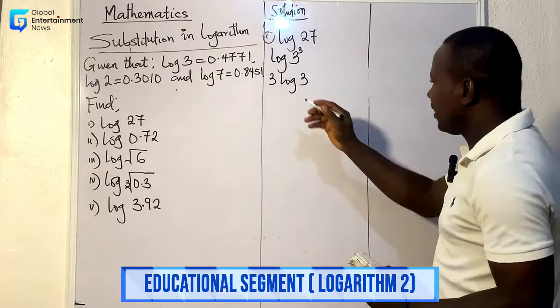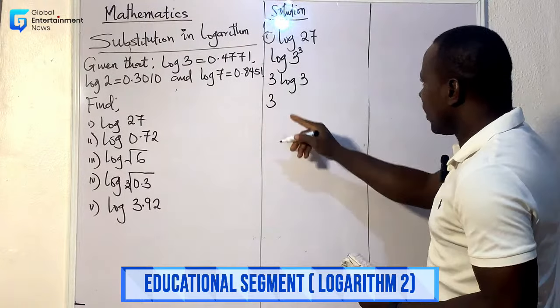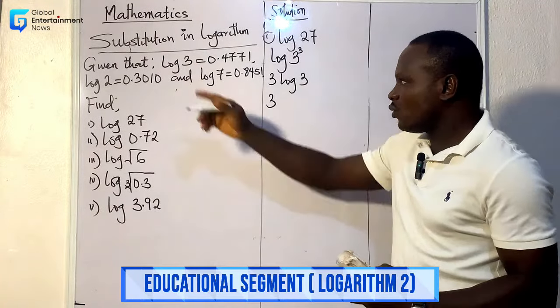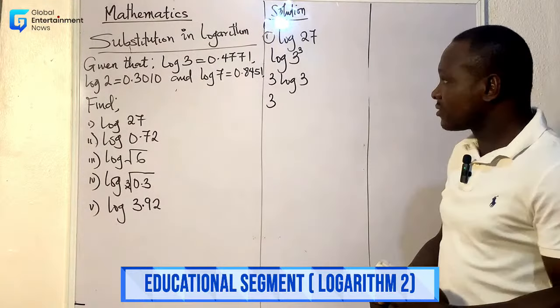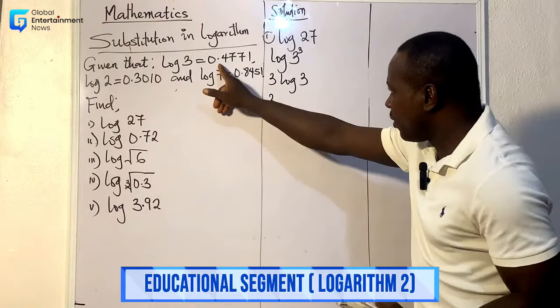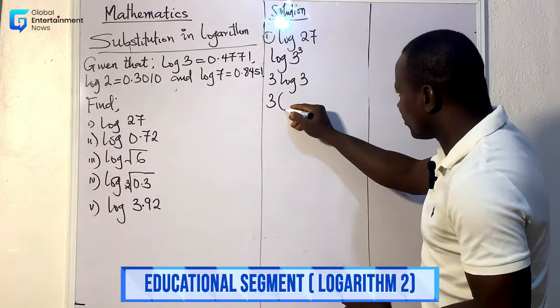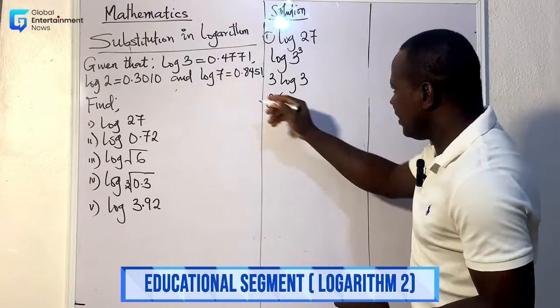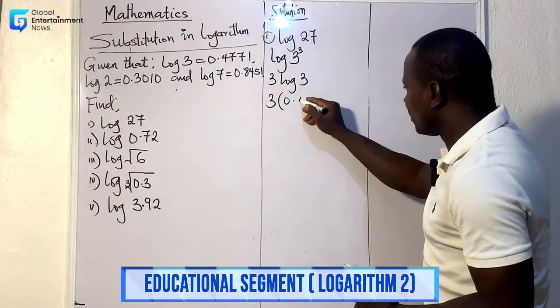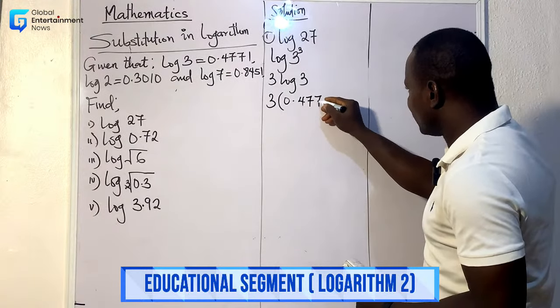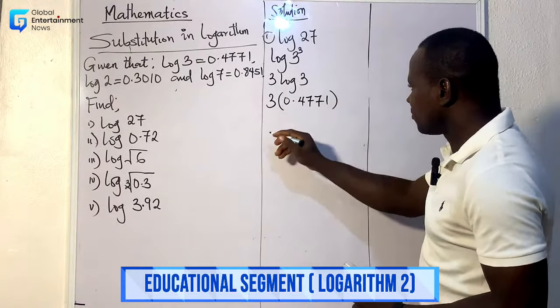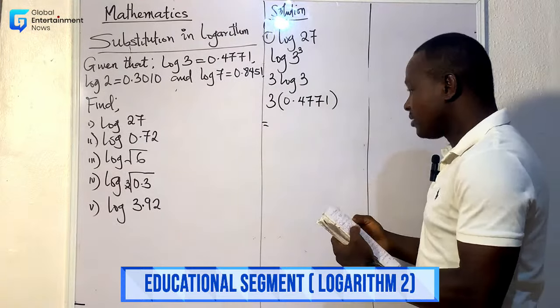Then what do we do now? We now say we have 3. What is our log 3? According to what we are given here, our log 3 is 0.4771. So log 3 is 0.4771. Now let's multiply this.